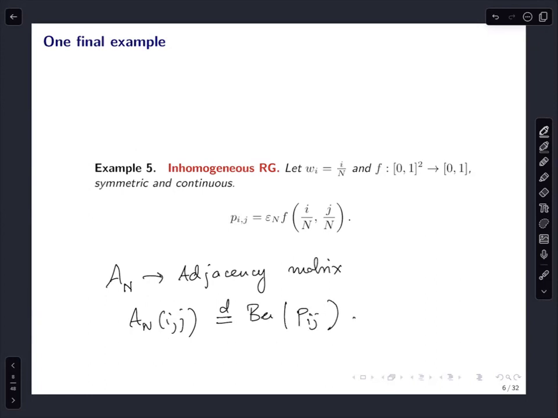What I'm interested in is what happens to the eigenvalues of this matrix. I can have at most n eigenvalues, and I want to understand the behavior of these eigenvalues as a whole.